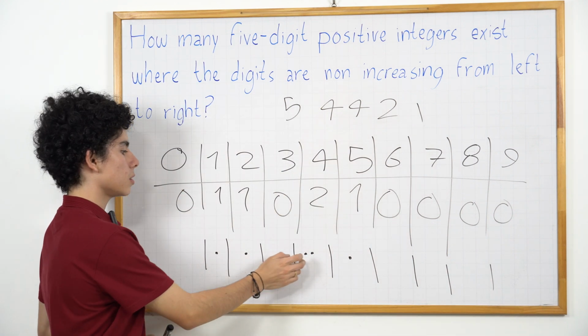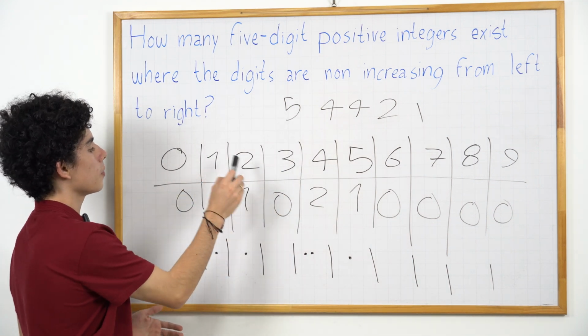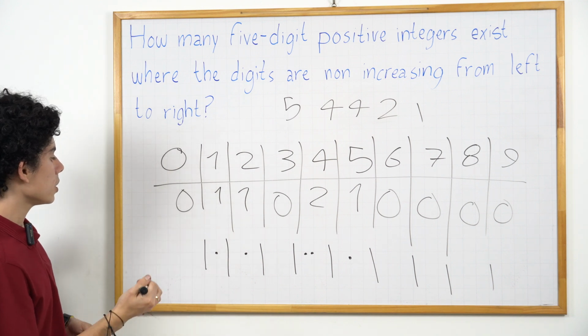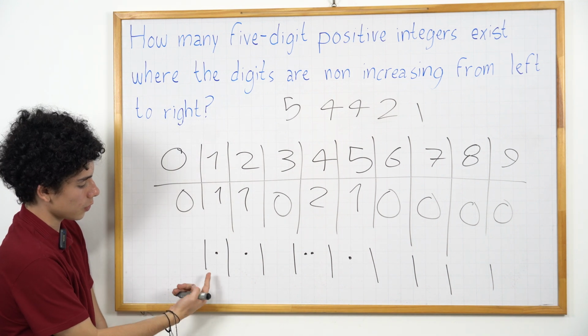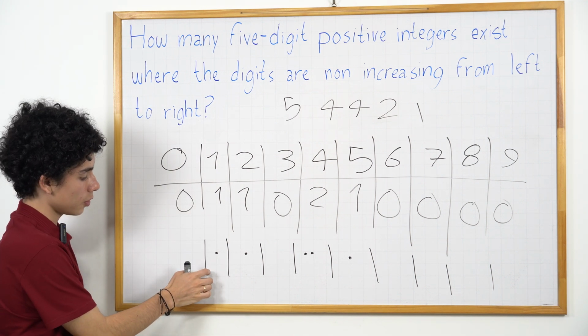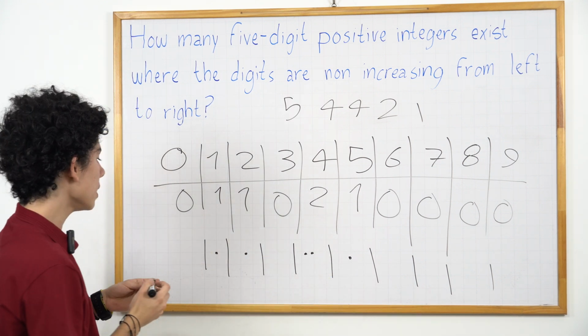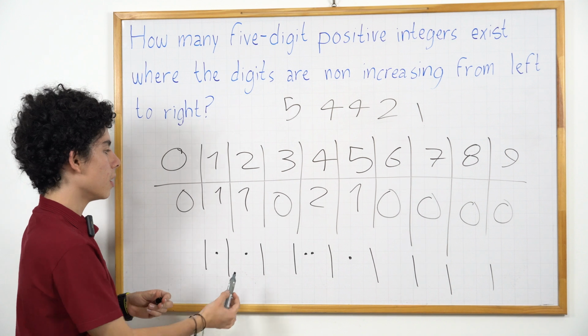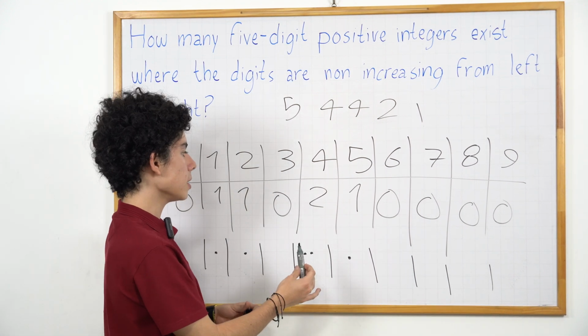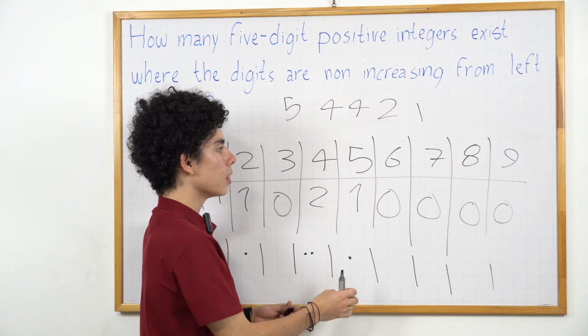Yes, we know that there are dots, but we have to know which number they are. Everything before the first divider means how many zeros there are. So this tells me that I have one 1, one 2, zero 3s, two 4s, one 5, and so on.